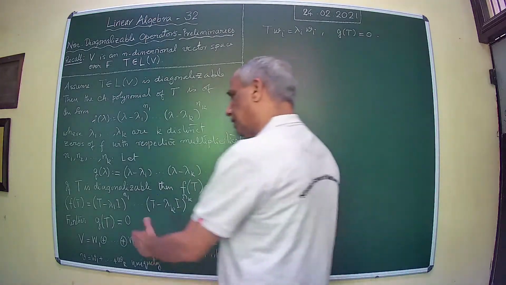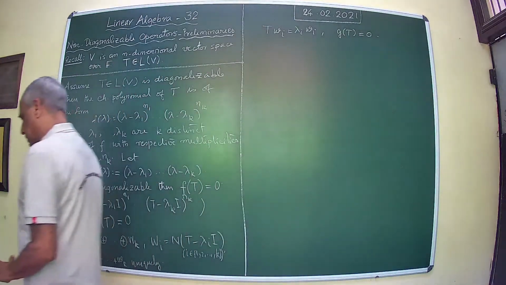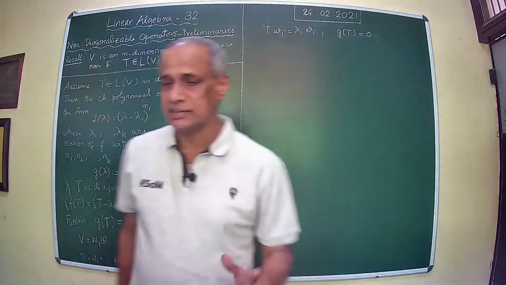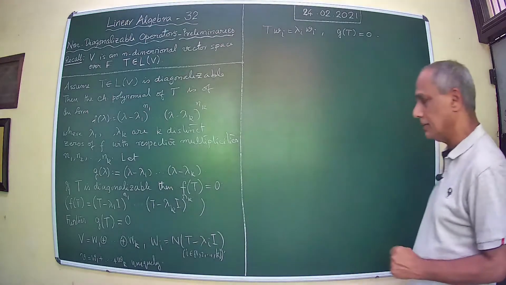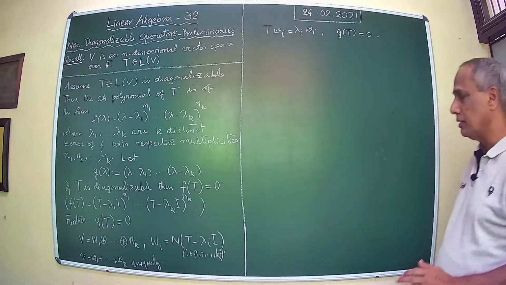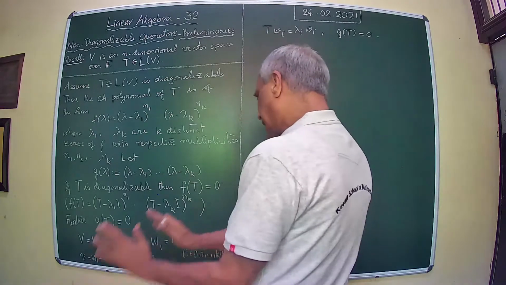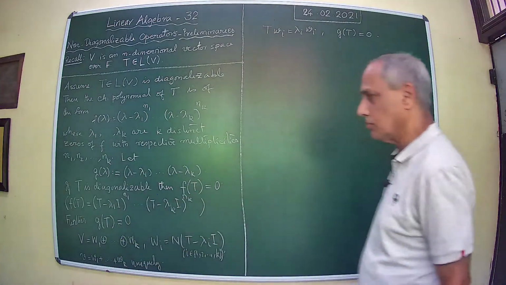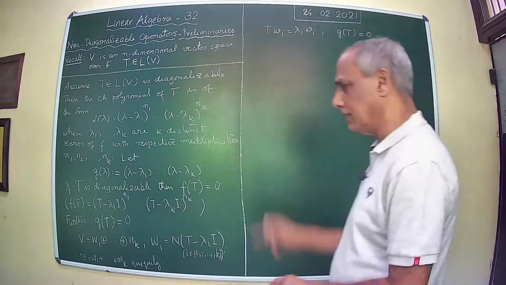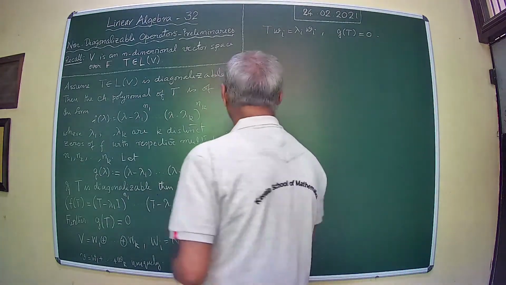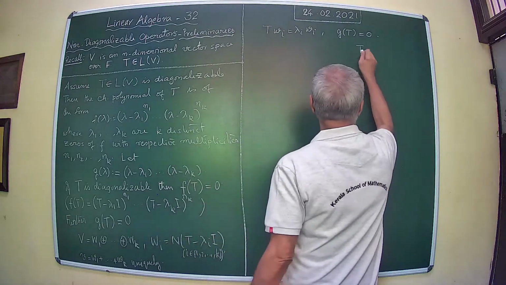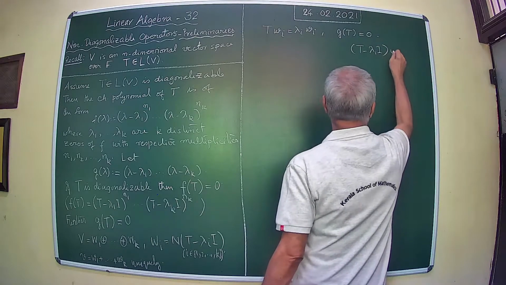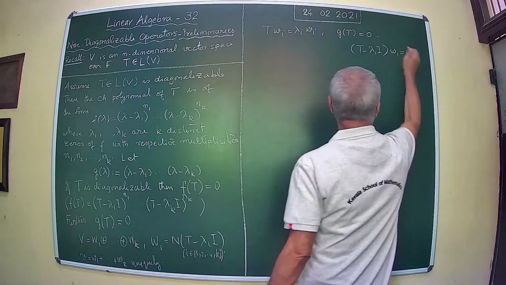Because w1 is in the null space of T minus lambda 1 I, and therefore, because it commutes, that factor can be brought closer to w1, and you see that immediately the action of T minus lambda 1 I on w1 equals 0.